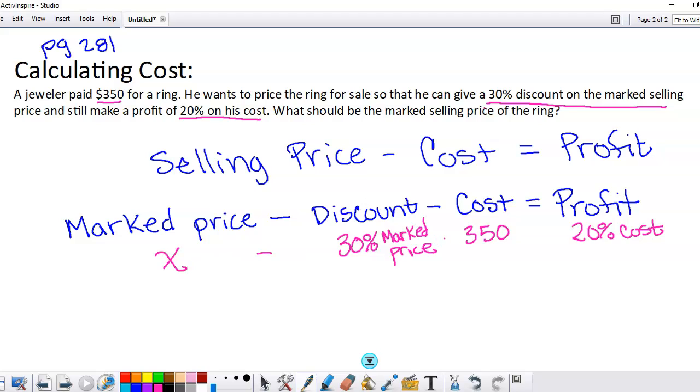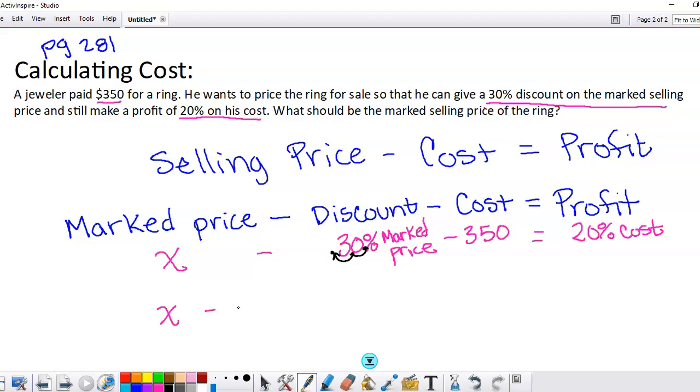We have, for the most part, our setup here, x minus 30% of x minus 350 equals 20% of 350. Okay, let me write that in there. The marked price minus. Now, when we do percentages in our math, we turn them into their decimal form. If we don't see a decimal at all, that means it's to the far right of the number. Every time we move a percent to a decimal, we move that decimal point 2 places to the right.